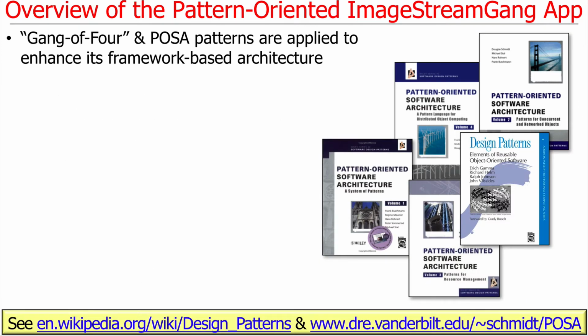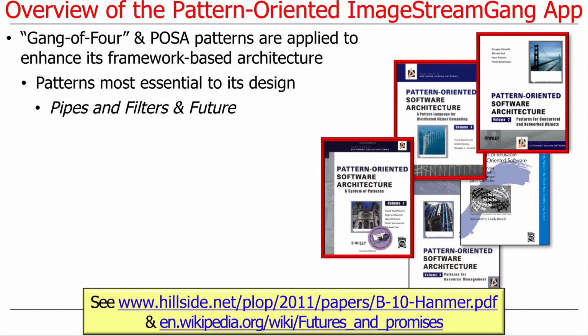Gang of 4 and POSA patterns are applied throughout the ImageStreamGang to enhance its framework-based architecture. Some of the patterns are very essential to its design. These include things like the pipes and filters pattern and the future pattern. Pipes and filters is really at the heart of what Java 8 streams do. They take data and run it through various filters, which we call aggregate operations.